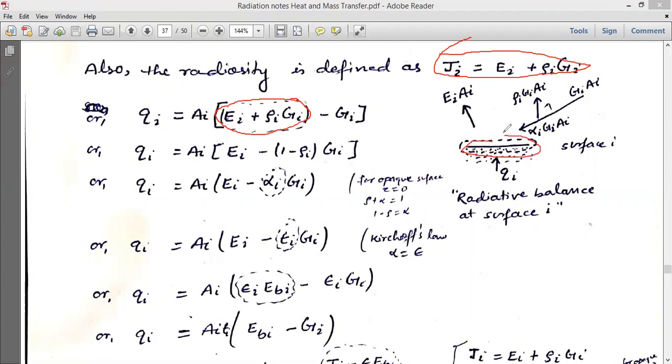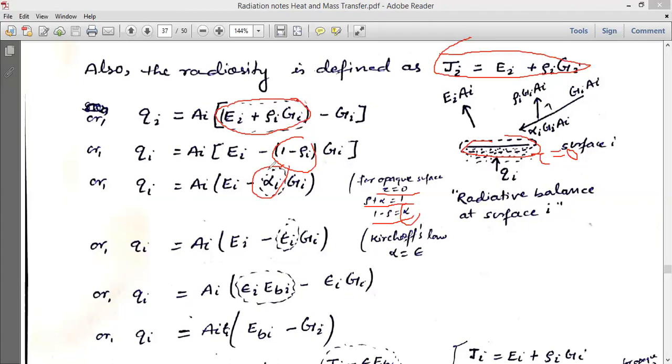What do you mean by opaque surface? The surface for which the transmissivity is 0. जैसे ही transmissivity 0 हो गया, तो alpha plus rho plus tau should be 1, therefore rho plus alpha should be 1, therefore 1 minus rho can be written as alpha. So instead of 1 minus rho i, we get alpha i.